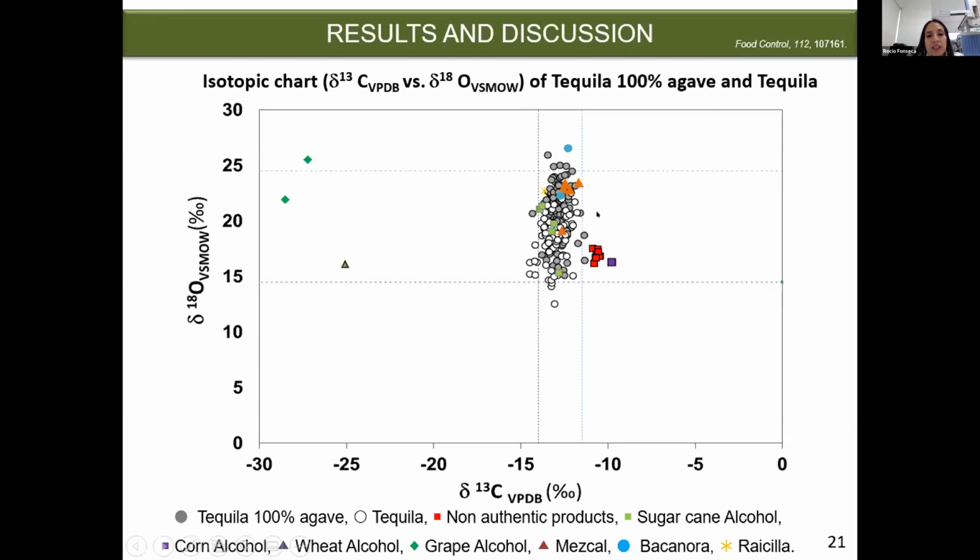But the false positives, you can see in this place, correspond to alcohol samples of sugarcane, mezcal, bacanora, and raicilla. The last three products come from agave, but from different species than Agave tequilana Weber blue variety.